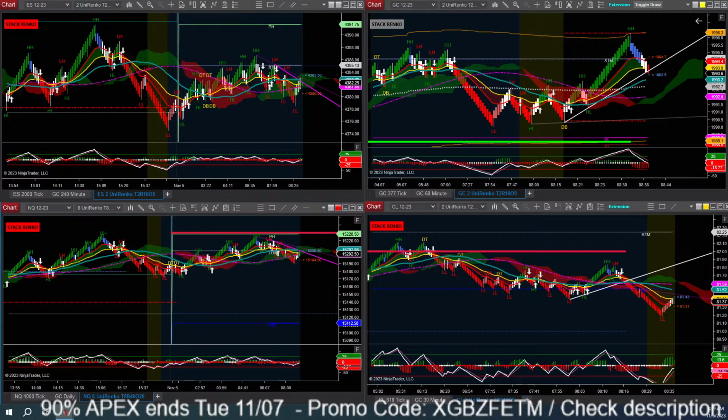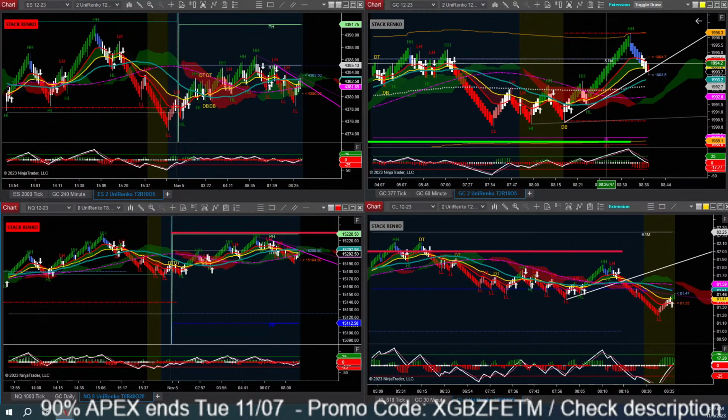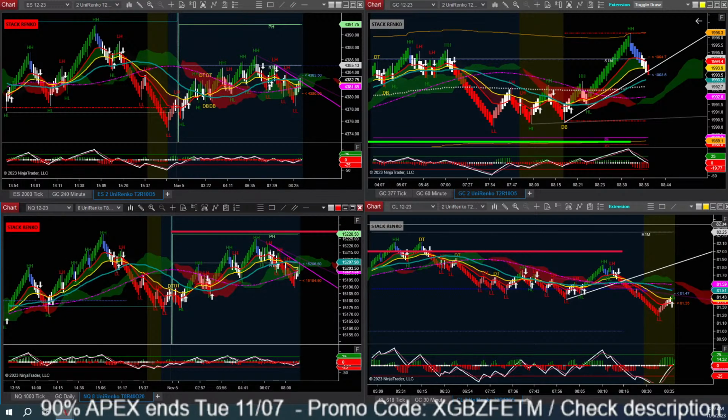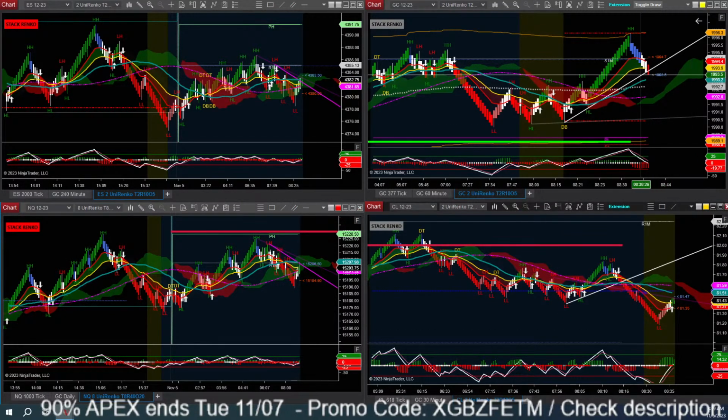Yeah, it kept moving down. I don't see any reason to buy now. Price is below the 34. Close below the 34 as well.